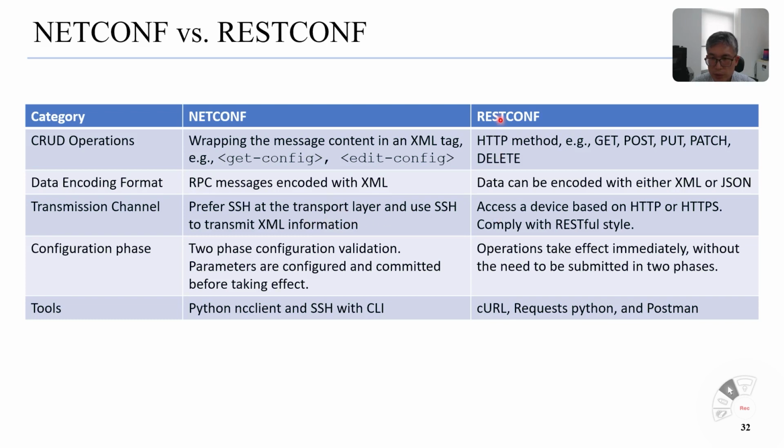On the other hand, RESTConf uses HTTP or HTTPS, complying with the RESTful style. For commit, usually in the NETCONF case, two-phase commit is used. However, in the RESTConf case, operations take effect immediately without the need to be submitted in two phases. For tools, NETCONF uses Python, ncclient, and RESTConf uses cURL.